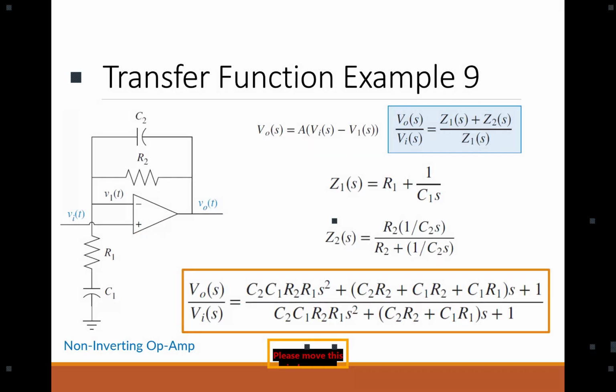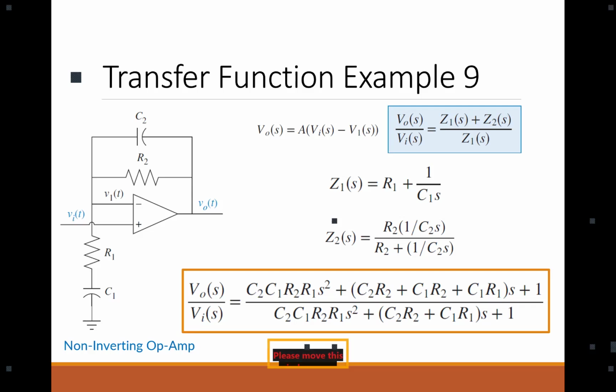Same kind of stuff going here. You have a way more complicated system. When I say practice, that means when you look at this, the expectation as an engineer is that I look at this and instantly know how to find the transfer function.